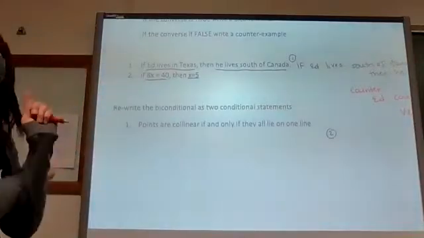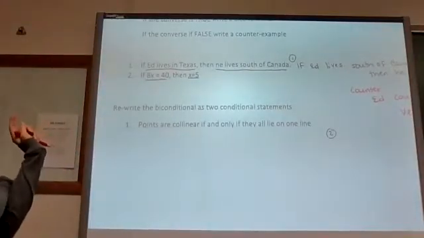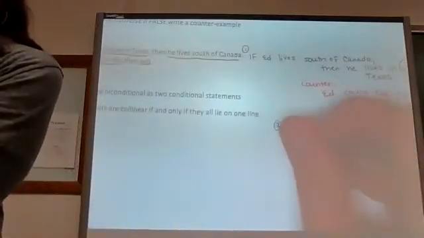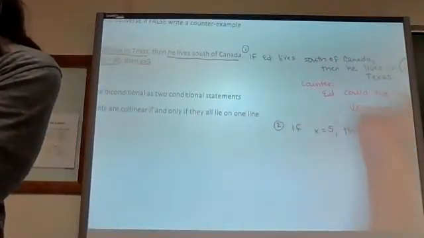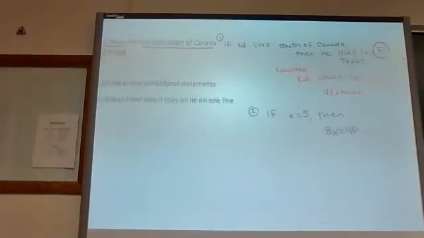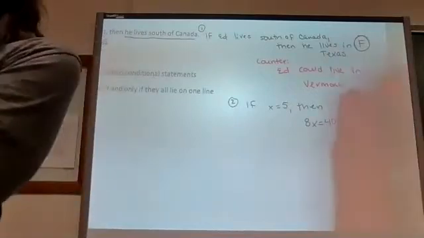And if I flip them, how does it read? If x equals 5, then 8x equals 40. Is that true? Yeah, if x equals 5, then 8 times x equals 40.